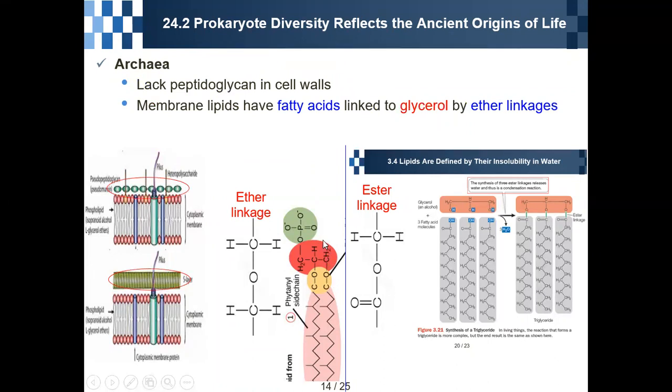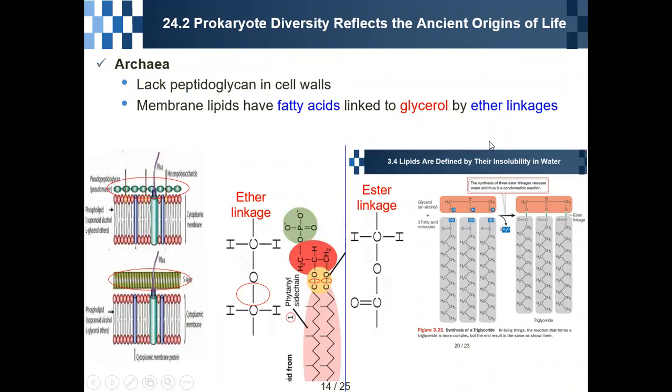They are also composed of a lipid bilayer, but the membrane lipid has fatty acids linked to glycerol by an ether linkage. Oxygen and carbon, with the carbon having hydrogen, like this. We call this the ether linkage.